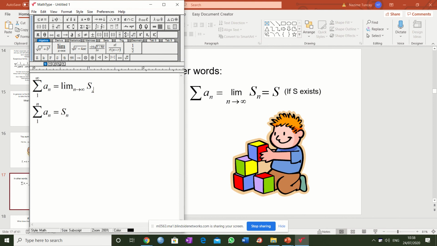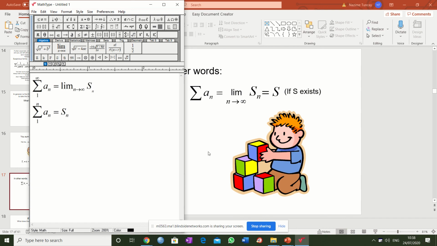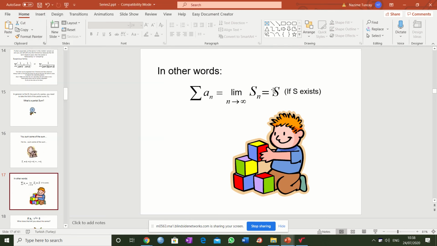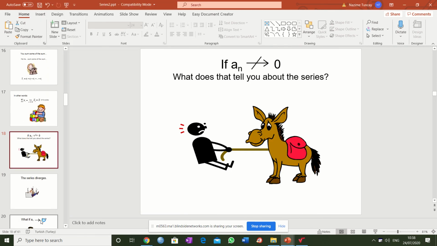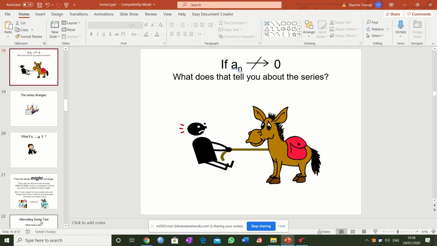Small n. So we calculate this one, and we find the limit of the infinite series, or the sum of the infinite series. The sum of the infinite series is the limit as n approaches infinity of Sn.